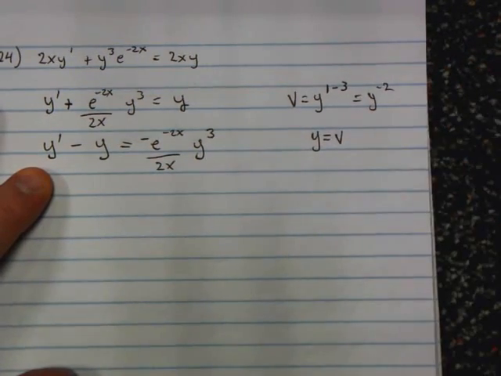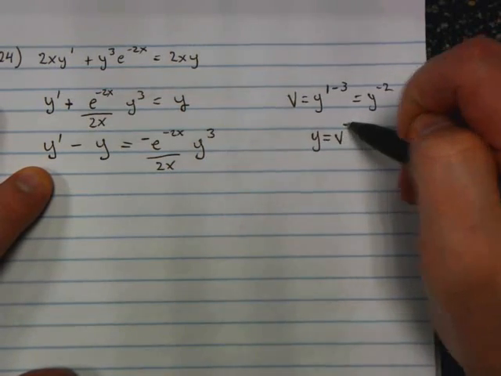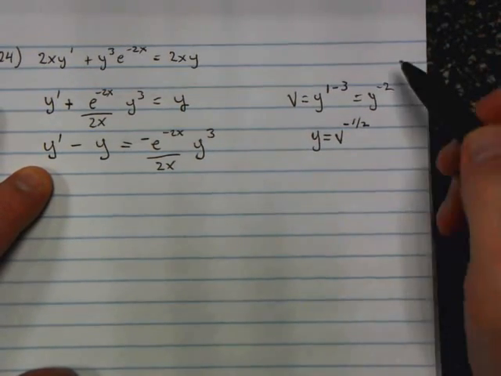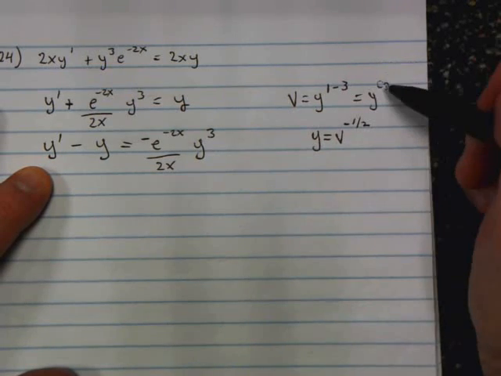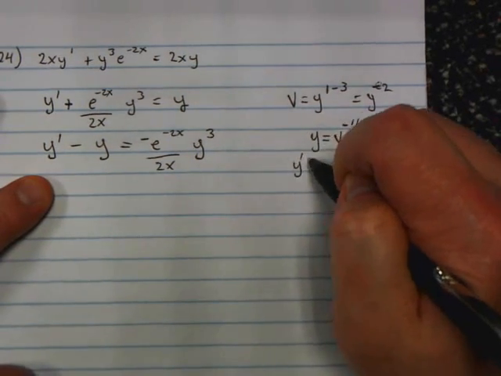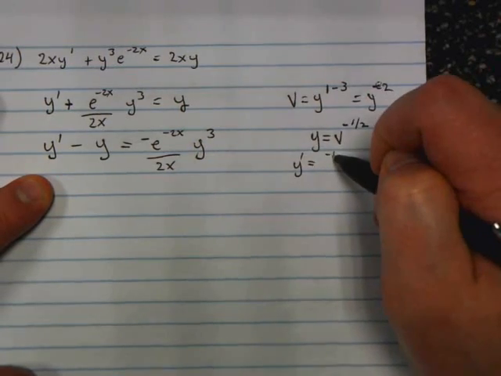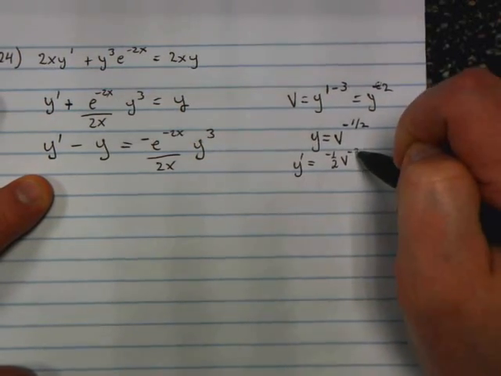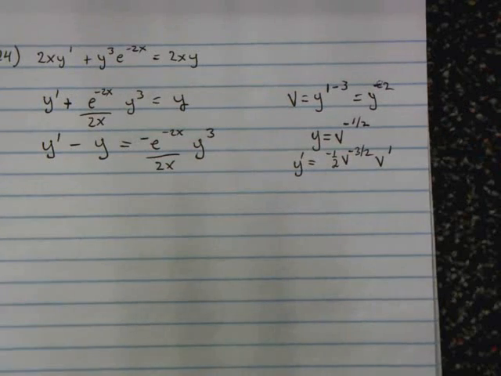Not half, negative a half, because we have the negative 2. So we've got to get rid of the negative by doing a negative power on each side, then we get rid of the square by doing a square root. Derivative: y prime is negative 1/2 v to the negative 3/2 v prime.